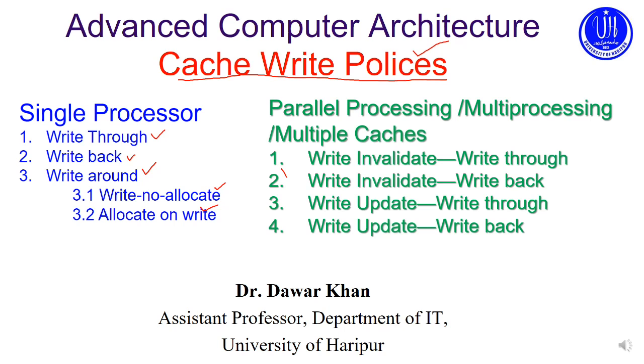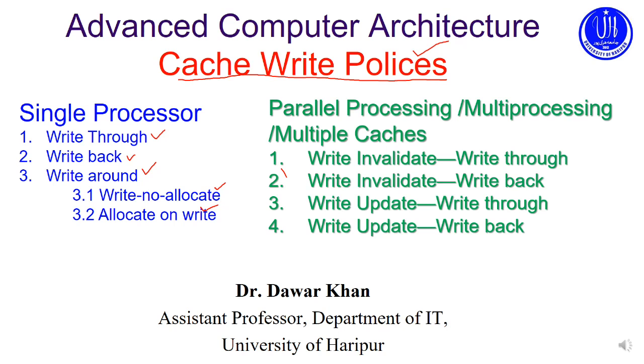But in case of multiple processors, when we have more than one processor and each processor has its own cache, then the problem of cache coherence comes into existence.